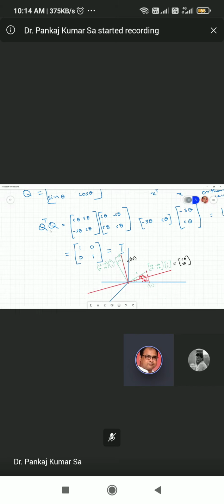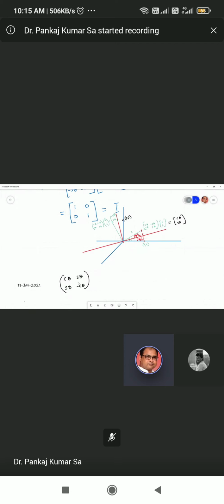But here I am writing something different, I am writing minus cos theta. First of all, let us talk about the orthogonality of this. Let me call this one QR.